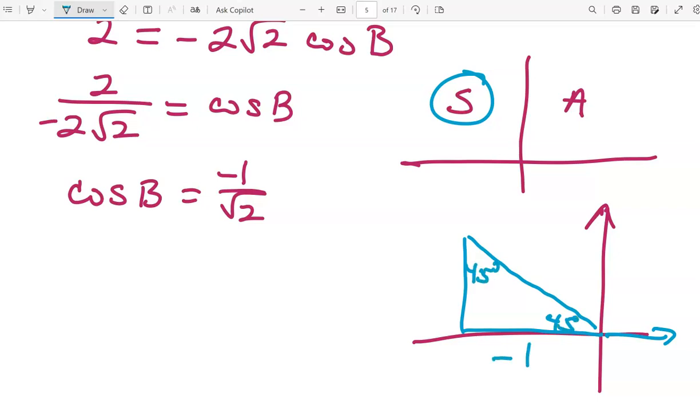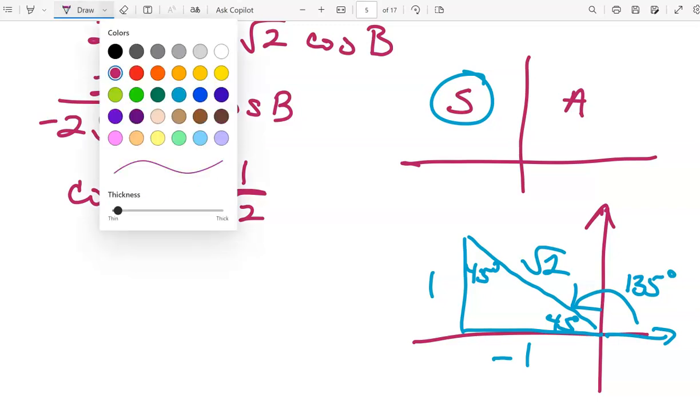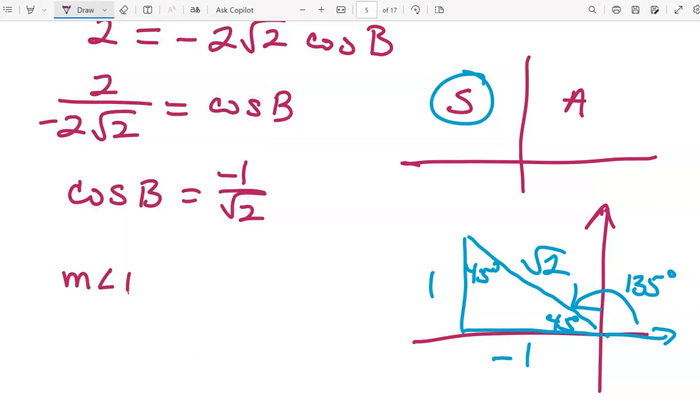Our adjacent side should be negative 1, hypotenuse square root of 2. That's a 45-45 right triangle, and that must mean that the angle that we're looking for is 135 degrees. So the measure of angle B is 135 degrees.